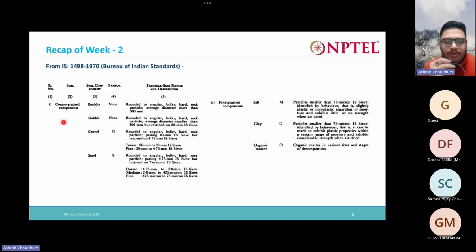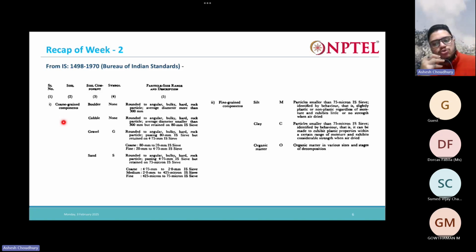Rounded to angular, bulky, hard rock particles passing 80 mm sieve but retained on 4.75 mm sieve. Passing 80 mm sieve means the size is smaller than 80 mm, but retained on 4.75 mm means the size of the particles is not less than 4.75 mm.